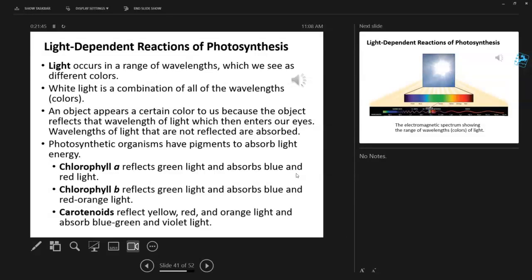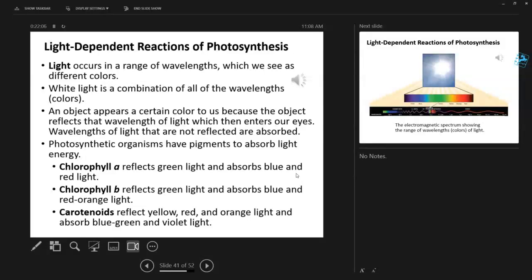And then there's another group of these so-called pigments, or colors, that some plants have, carotenoids. They reflect yellow, red, and orange, so that they appear red, orange, or yellow to us.